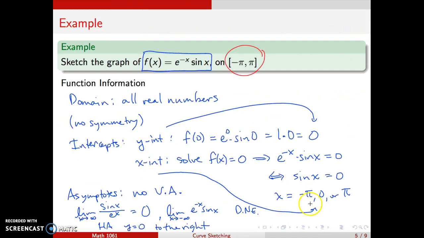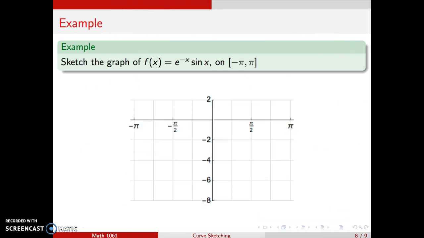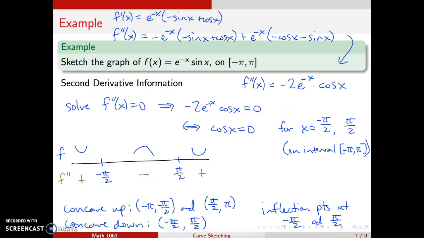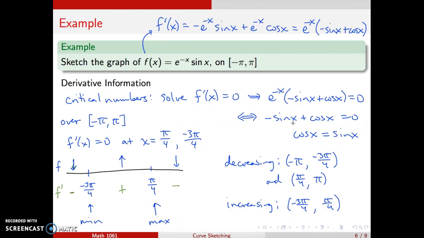Alright, so I've got a 0 at negative pi, 0 and pi. I start off decreasing, and I'm increasing from negative 3 pi over 4 to pi over 4, and then I'm decreasing again.